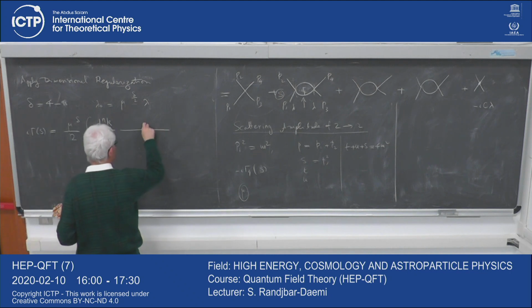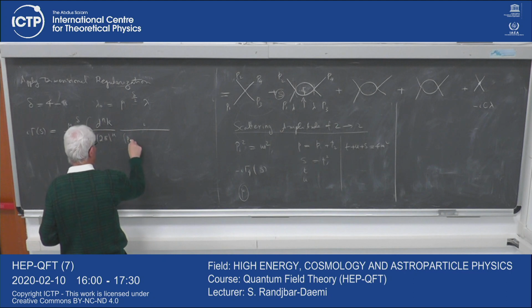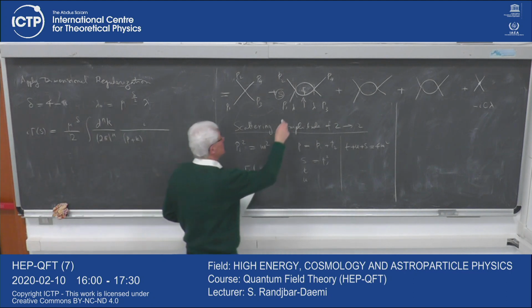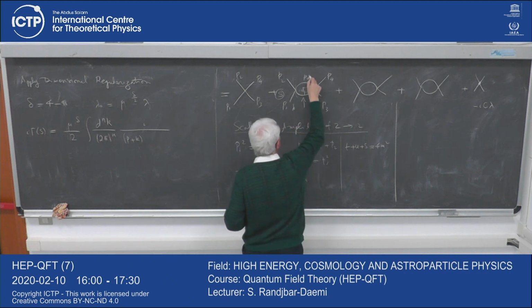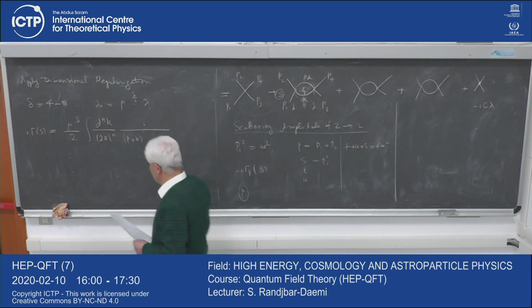The rest is put the propagators for the two lines, p plus k. This is p plus k, this line, and this is k in this line. And p is the total momentum which goes in.